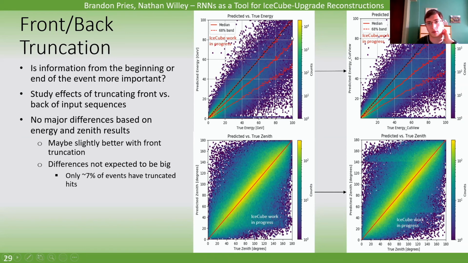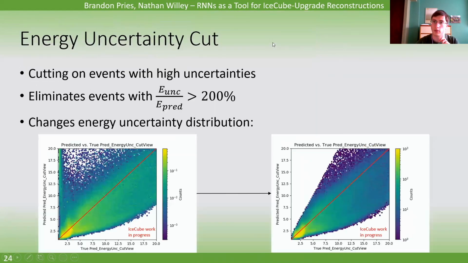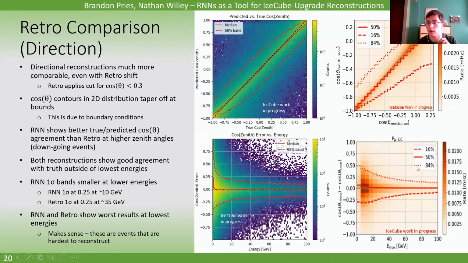Okay, so this solid red line is the median reconstruction, so half the events are above, half the events are below. The dashed lines are representing the 1 sigma spread from the median reconstruction. Let me go back to the earlier plots.